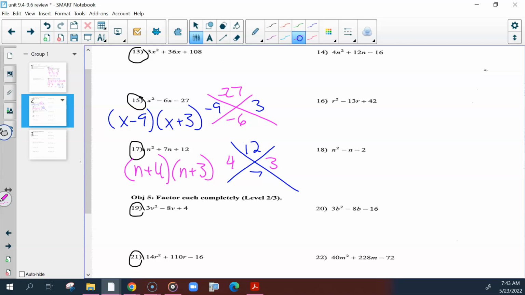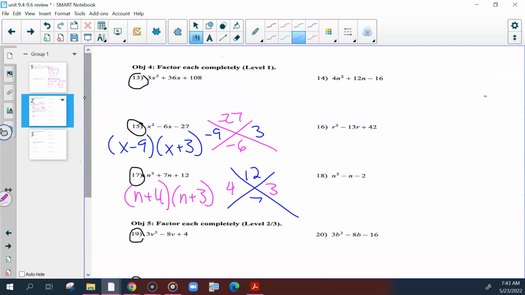Then for 13, we do have a number in front, but if we look, does this have a GCF? Yes, and what would that GCF be? 3. So I can divide each of these by 3. What would be left?